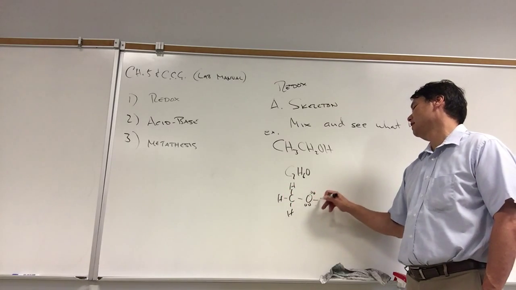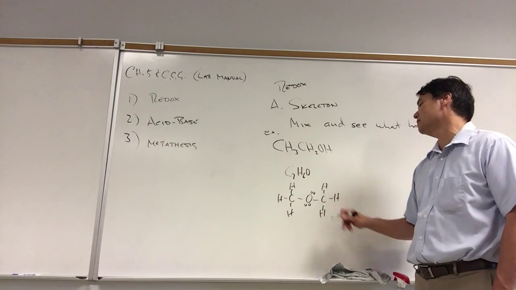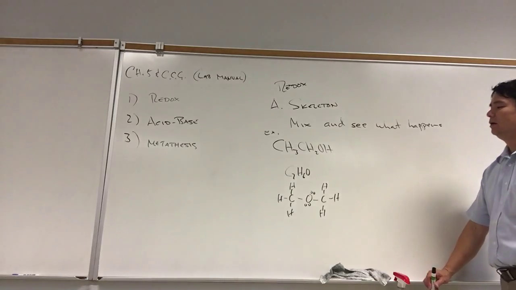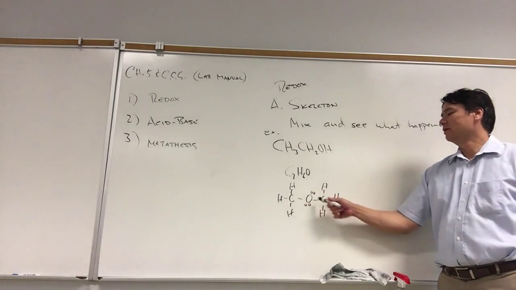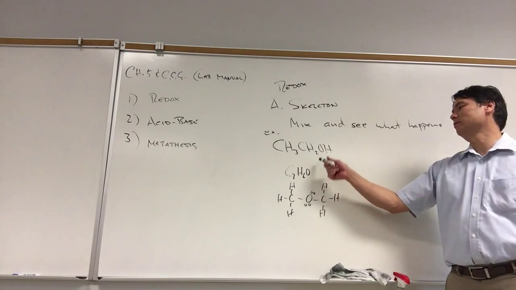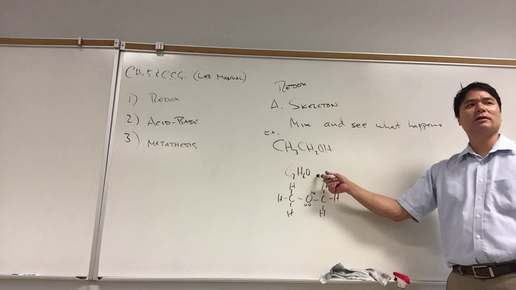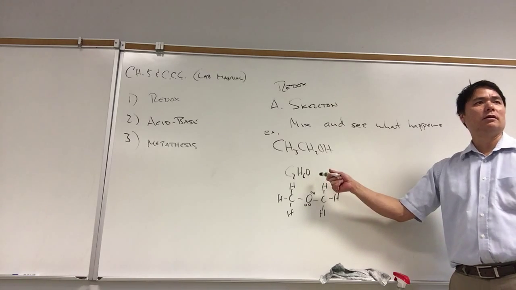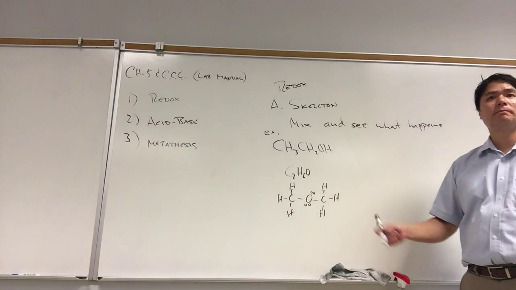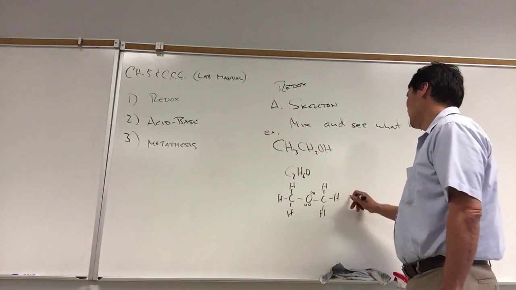Isomers have the same formula, so the composition is the same, but the structure is different. And so this is called dimethyl ether. Dimethyl ether and ethanol have the same formula. And so this is why we prefer the structural formula versus the molecular formula, because the molecular formula doesn't tell us what the compound is necessarily. This is an isomer.